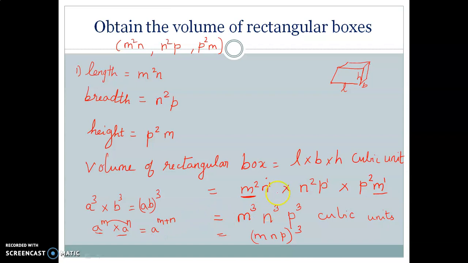That's what we did with m squared and m power 1. Here the law used is when the bases are different, powers are same, we can club them together with the same operation. It is true only for multiplication and division alone, not for addition and not for subtraction. Okay children, be careful with this law. It is true only for multiplication and division and not for addition and subtraction.